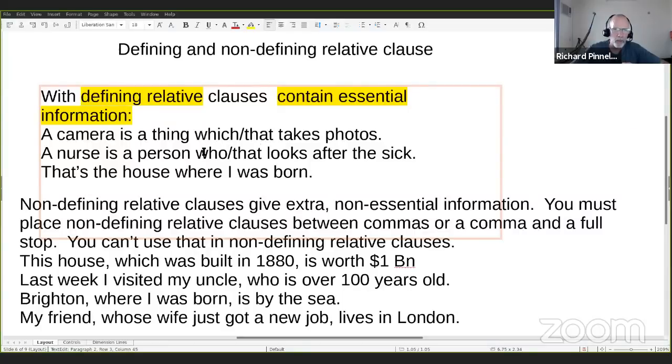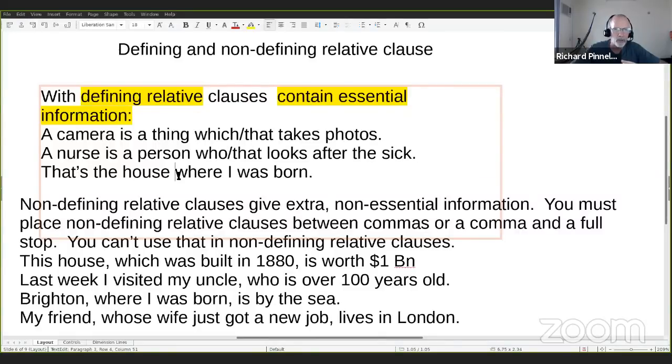A nurse is a person who looks after the sick, or that looks after the sick. If I remove that, the sentence doesn't have any meaning. A nurse is a person. I didn't want to tell you that. I wanted to tell you what a nurse did. So another example, we need the relative clause.